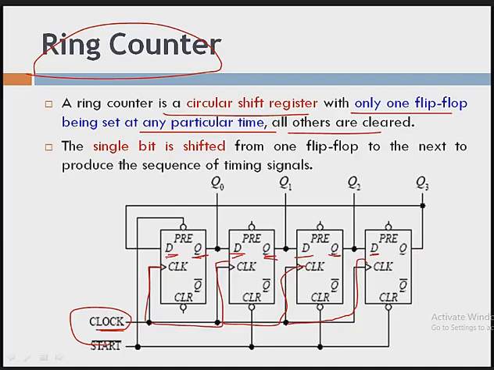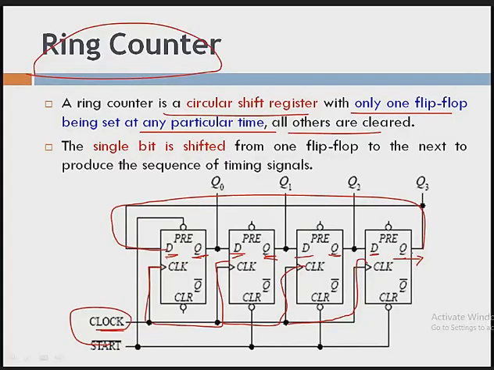Because here you can observe that the output of your last flip-flop, here the fourth flip-flop, is given as the input of your first flip-flop. The output of the fourth or last flip-flop is connected to the input of the first flip-flop. That's why it is called a ring counter.